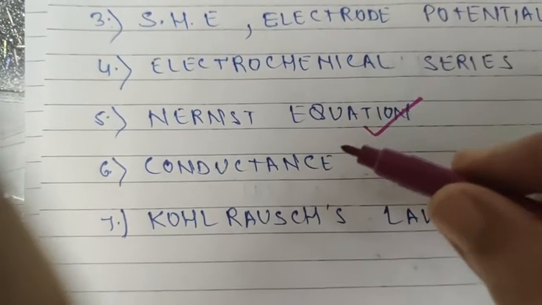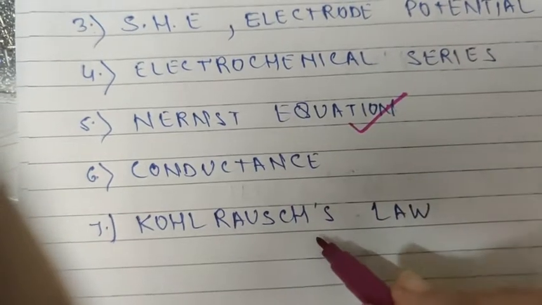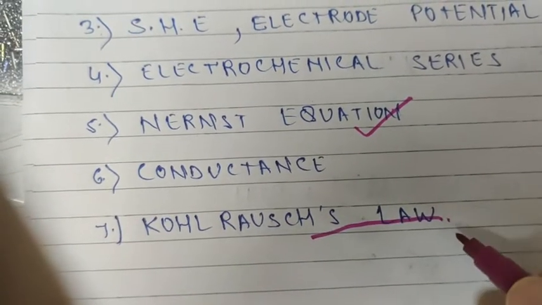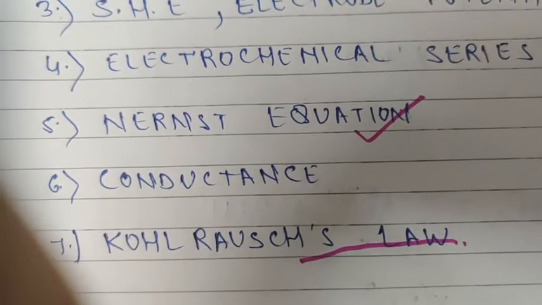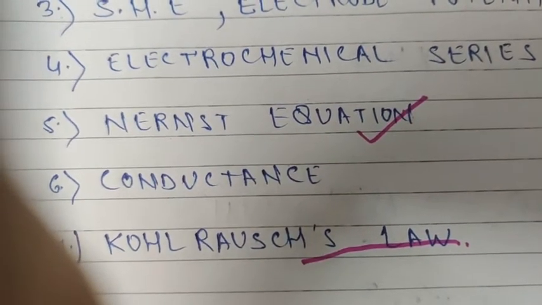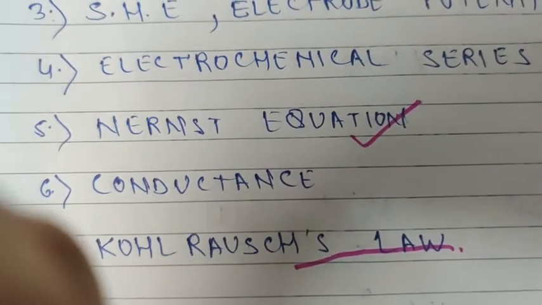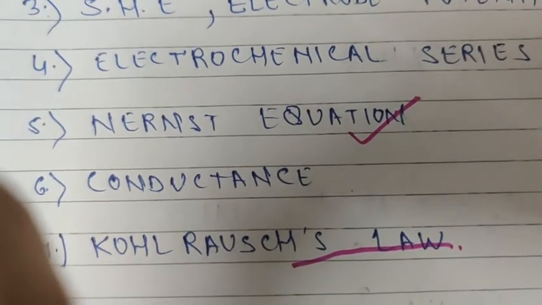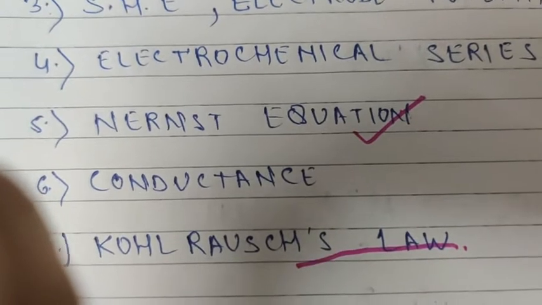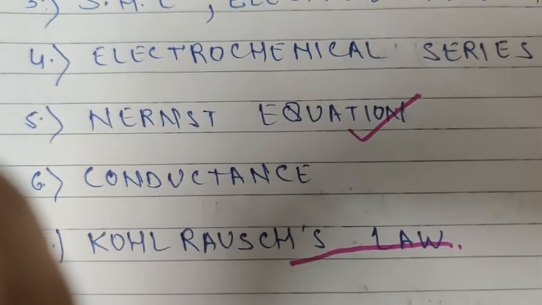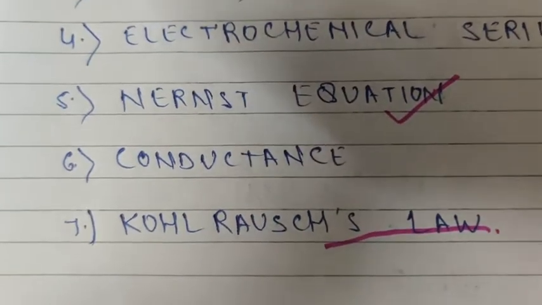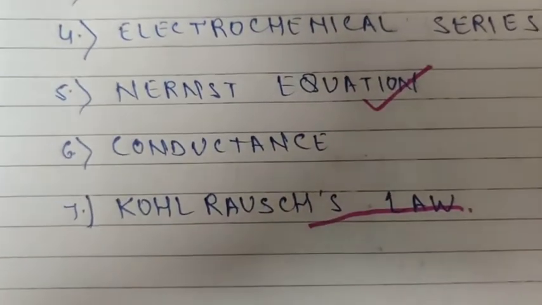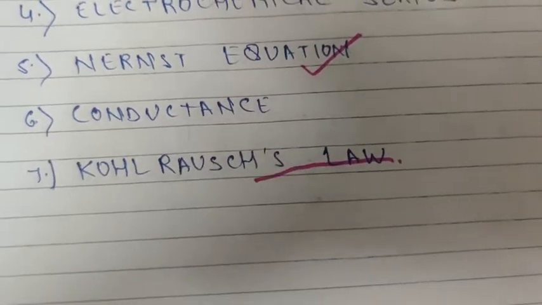And then finally we reached a very important law named Kohlrausch's law, where we came to know about the first application, that is the determination of limiting molar conductivity for a weak electrolyte. So this was the topic that we covered in the last session. Now moving on to the rest of the applications of Kohlrausch's law in today's session.